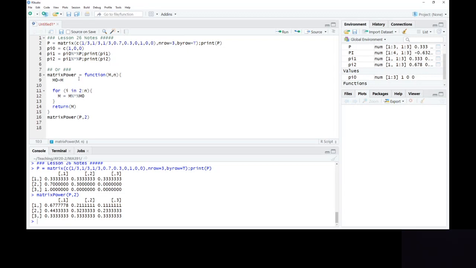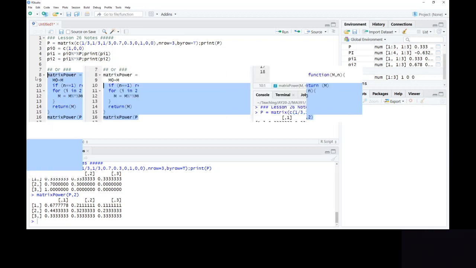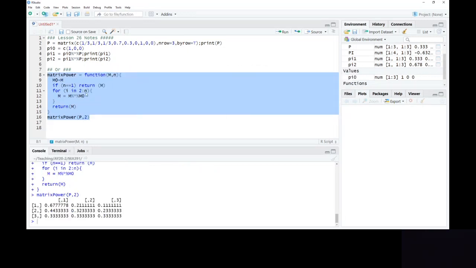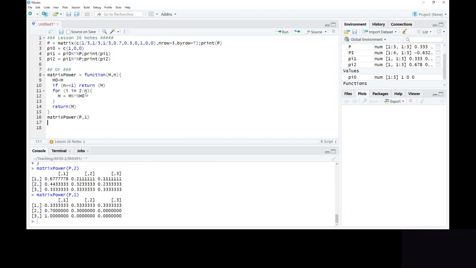Maybe if n is equal to 1, and we got to put a parenthesis around it. So maybe if n is equal to 1, let's return n. Let's see if that one works. Okay, all right, that's a little bit better.